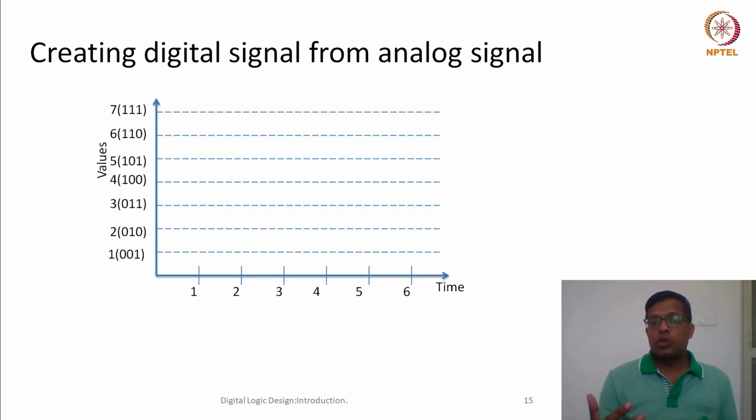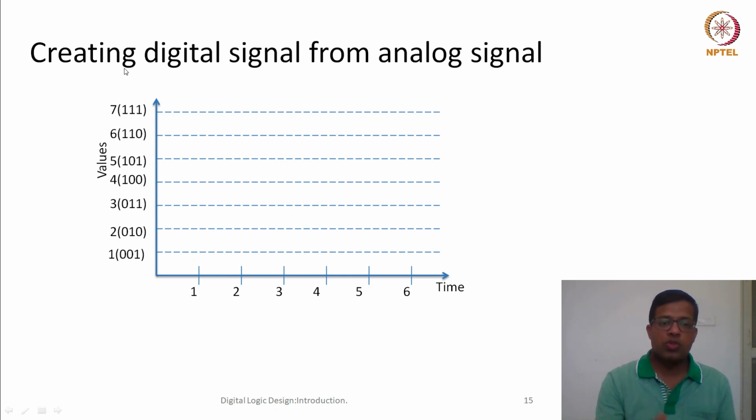To understand this particular fact in a little more detail, let's use this curve. Let the x-axis represent time: 0, 1, 2, 3, 4, 5, 6, 7 are different time units. This time could be seconds, picoseconds, milliseconds, whatever, but they are discrete times. Similarly, the y-axis represents values, which could also be continuous: 1, 2, 3, 4, 5, 6, 7.